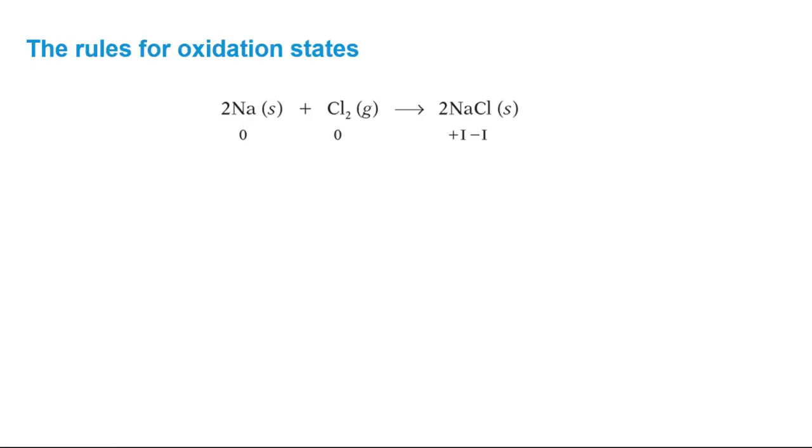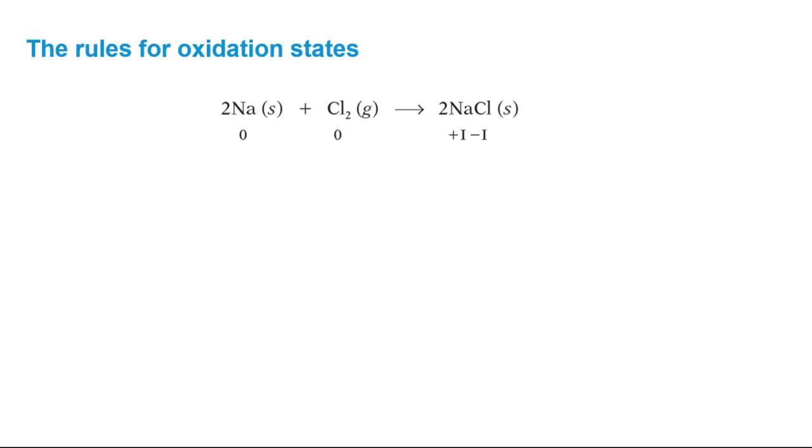The rules for oxidation states. Here sodium and chlorine have oxidation states 0. When sodium chloride compound is formed, sodium has oxidation state +1 and chlorine has oxidation state -1. Oxidation states are represented below the atoms or compound in Roman numerals.